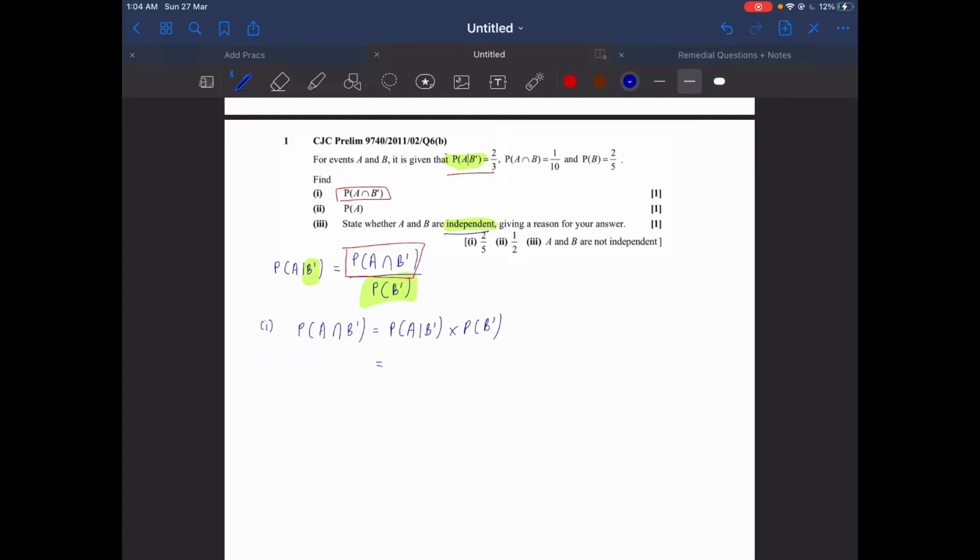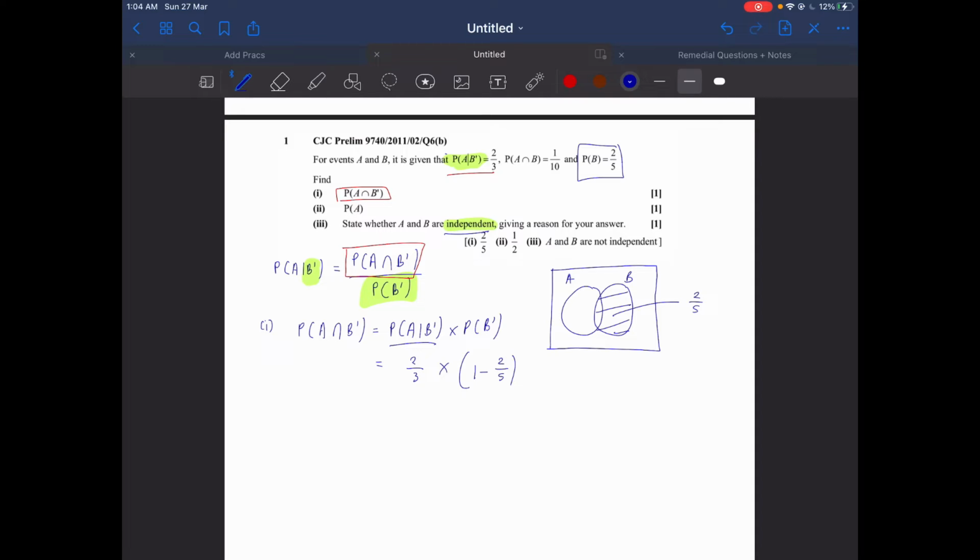So the question has given that this is 2/3, and the probability of B prime can be given by 1 minus 2 over 5, since this is the probability of B. So if I were to draw a Venn diagram, the probability of B would be this part, and this is 2/5.